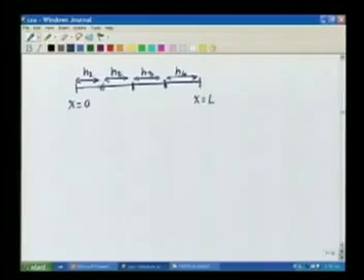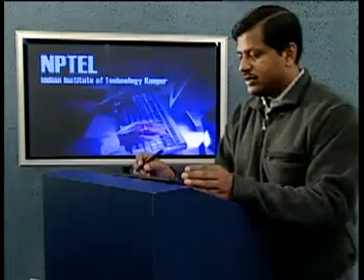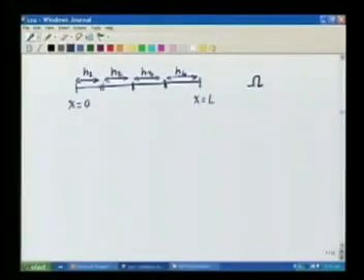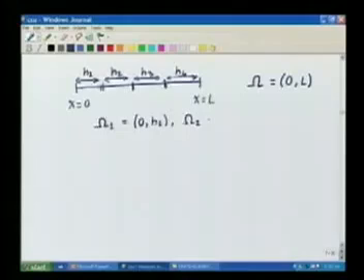When we partition the domain, which is an interval of size 0 to L, the domain we will call omega, which is equal to the interval 0 to L. This domain will be partitioned into smaller subdomains, which are omega 1, which is equal to 0 to h1, omega 2, which is equal to h1 to h1 plus h2, and so on.